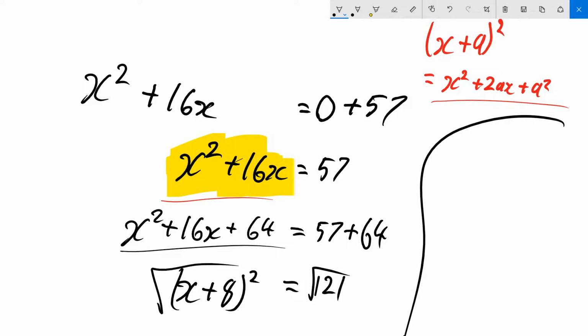So x plus 8 is now equal to, and this is the important part, plus or minus 11.